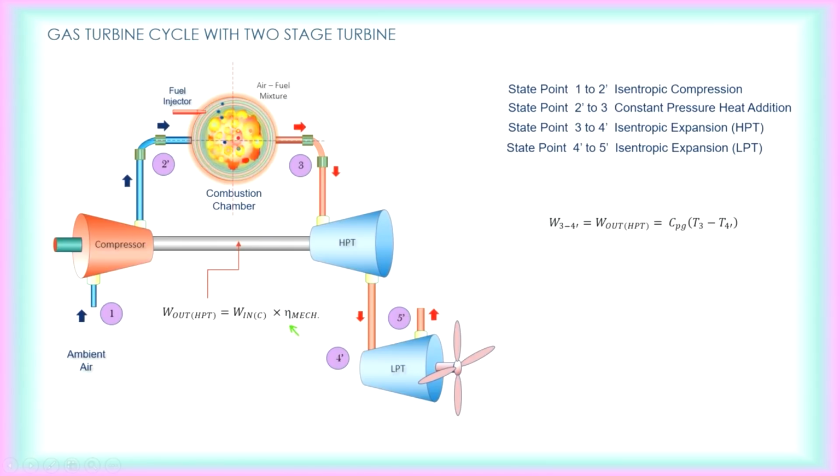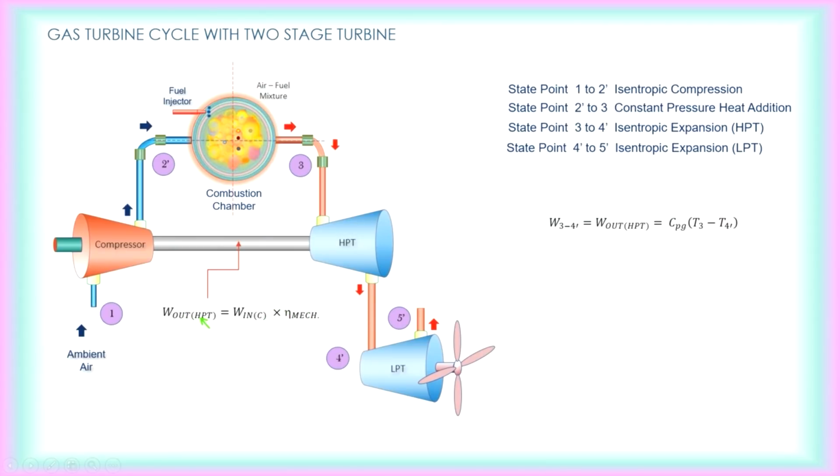Unless, let's say there is a mechanical efficiency that is given due to frictional loss, let's say 2%, then your mechanical efficiency will be 98%. So actually this one is the other way around.